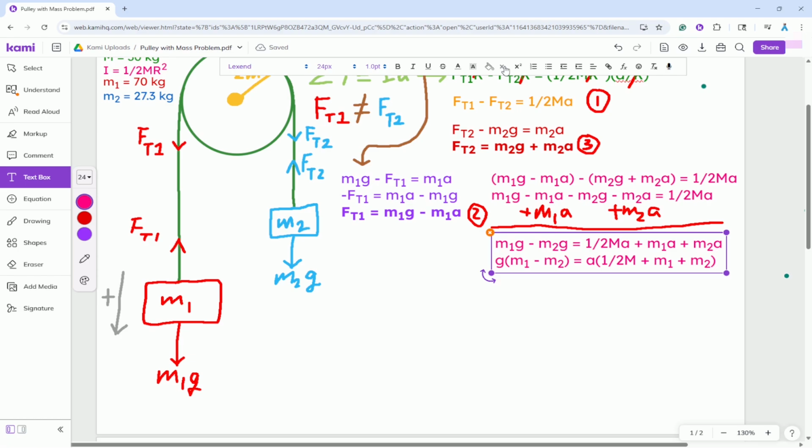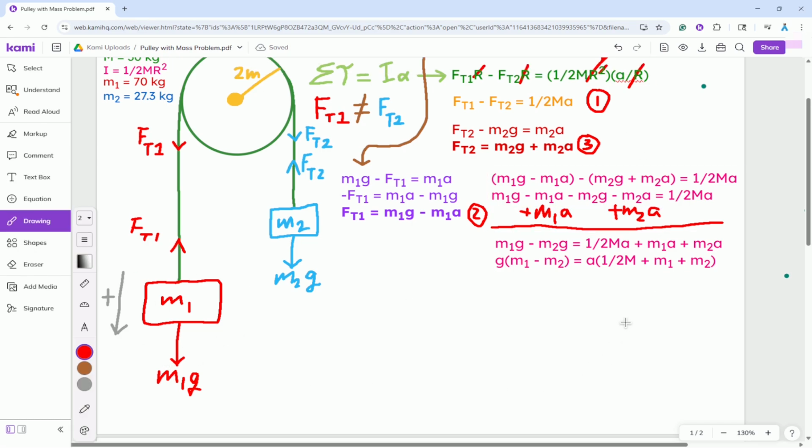We're almost done, sigmas. Last thing we have to do is just divide this entire thing by 1/2 M plus M1 plus M2. That's it. Make sure to do it to the other side.